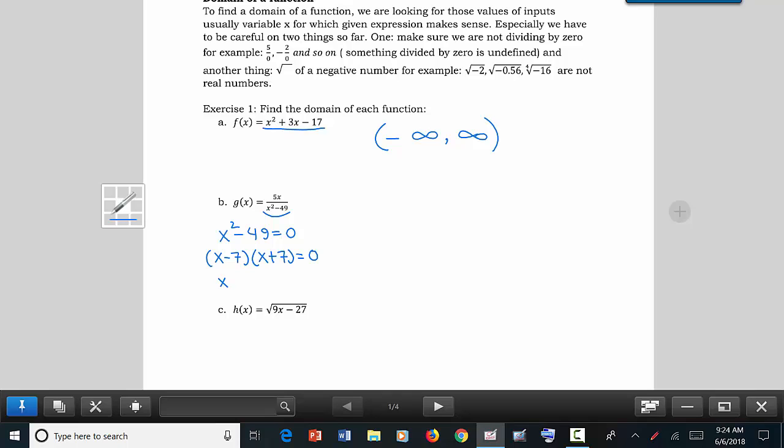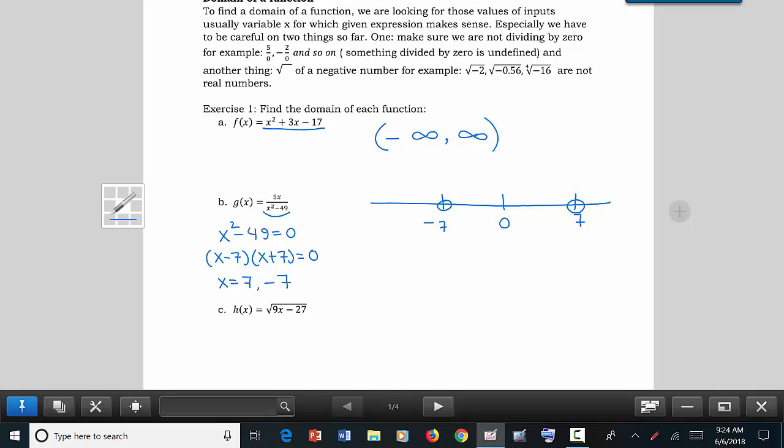That gives x equals 7 and negative 7. Meaning 7 and negative 7 cannot be part of the domain because they make the denominator 0. So let's throw these out.